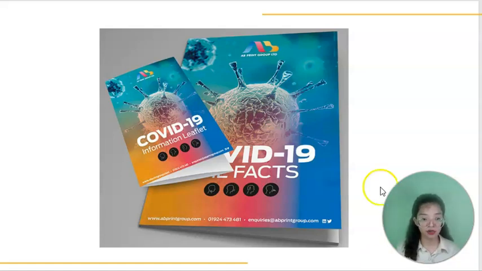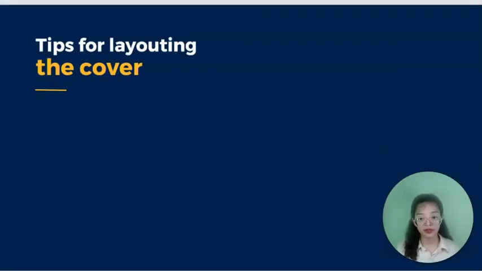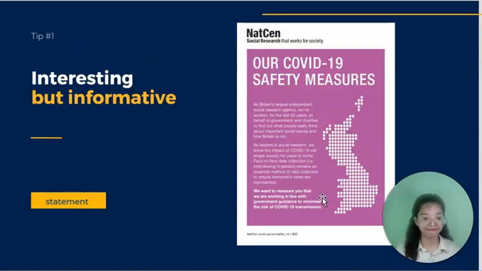Okay, so moving on. Here are some tips for layouting the cover, as discussed by Montañez, 1991. Tip number one, write an interesting but informative title. So this may be in the form of a statement. Here's a sample leaflet by the National Center for Social Research.